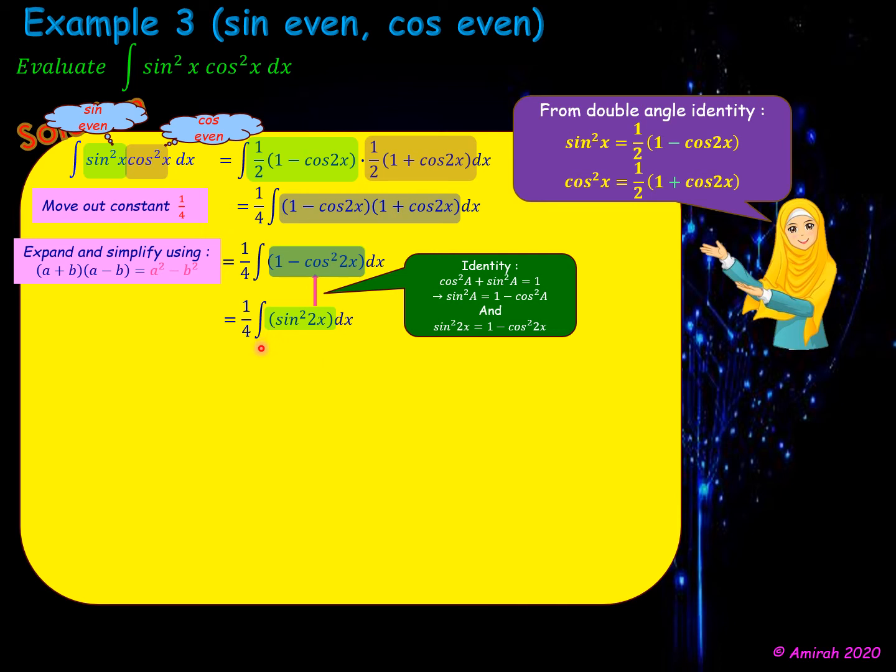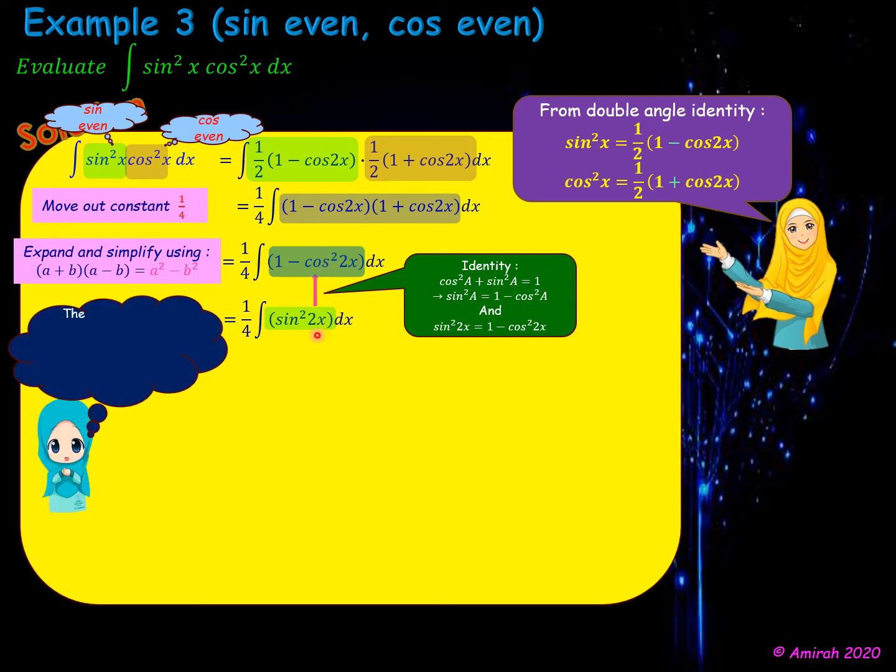If we recall the previous introduction slide, I made it clear that we do not directly integrate the powers of sine and cosine. If sine and cos have powers, firstly, we need to identify whether the powers are odd or even. Here, we can see that the power of sine is even.